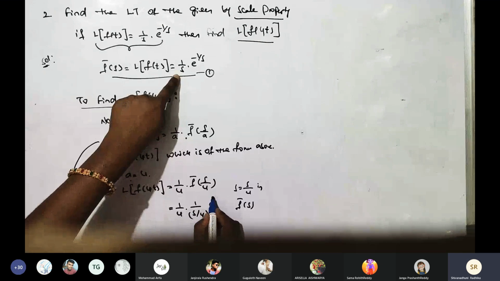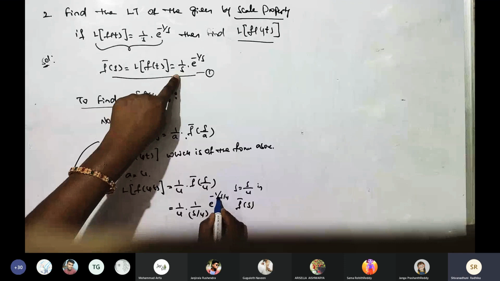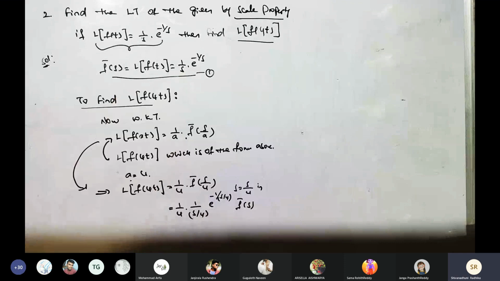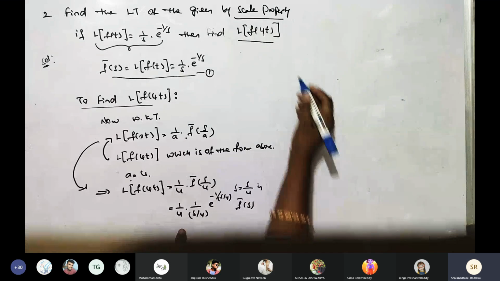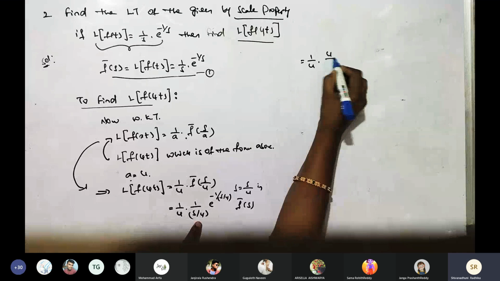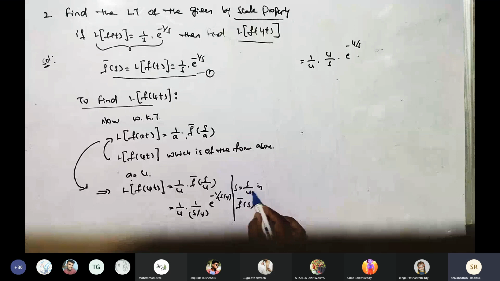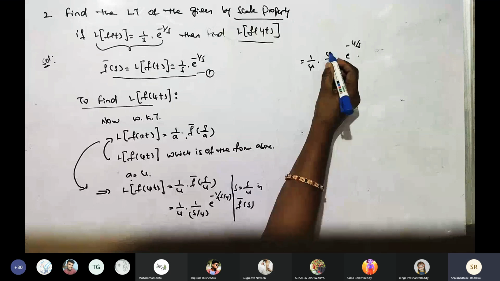Now 1 by 4 into s by 4: 4 is the denominator of the denominator, so we write it in the numerator: 4 by s into e power of minus 4 by s. Substituting s equals s by 4 in f bar of s, the 4s cancel, giving 1 by s into e power of minus 4 by s. So which is what here? L of f of 4t. So this is directly using the scale property formula.